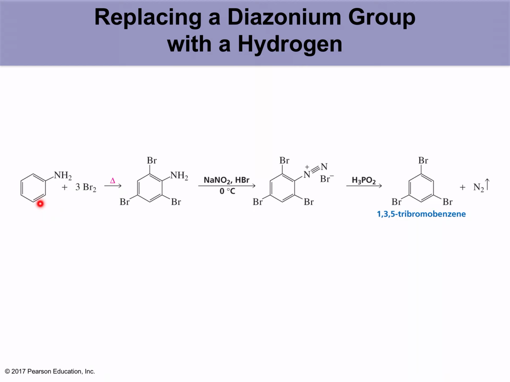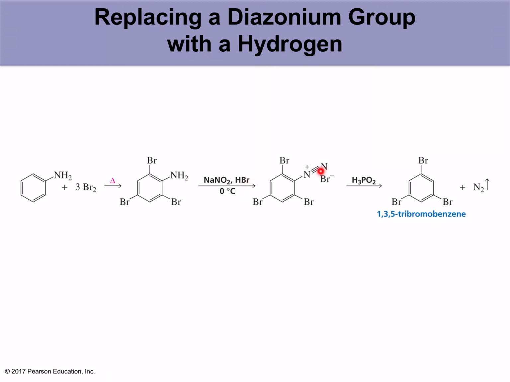So you can start with aniline, and aniline is an activator, and this is the ortho-para director. So when you add bromine and heat, you will see both ortho positions and the para position of aniline will be brominated, right? And then you make the diazonium salt, NH2 converts to N2 bromide using sodium nitrite and HBr.